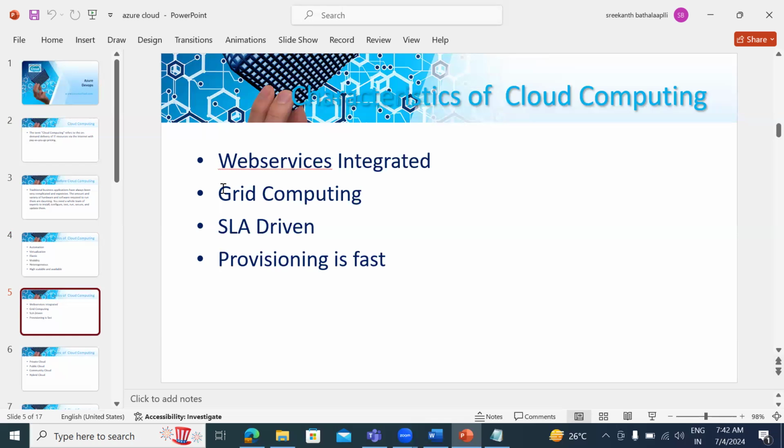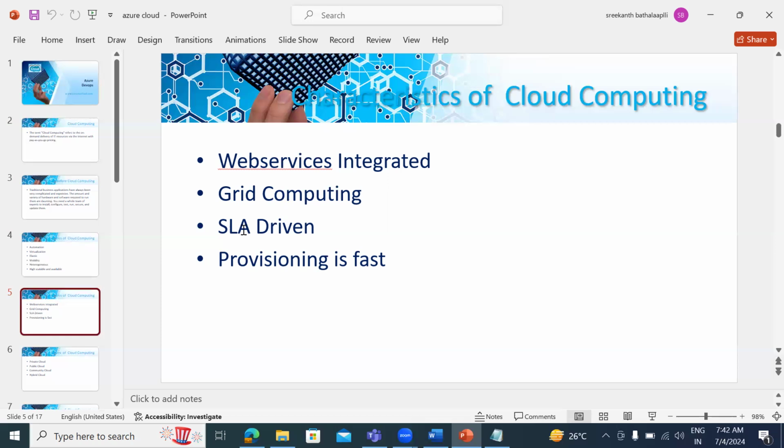In the same way, here if one server goes down, another server would be there. If one data center or zone goes down, another zone would be there. If a complete region goes down, another region would be there. Like this, here we have the grid kind of thing.